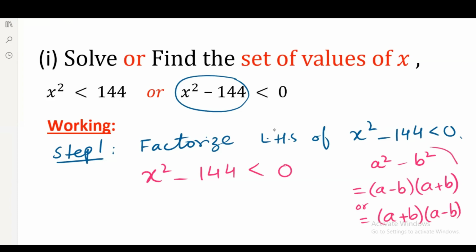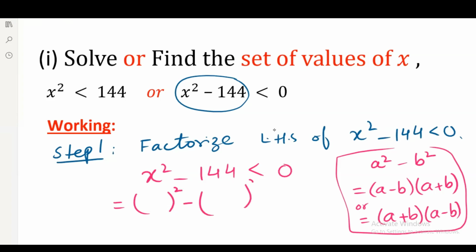Now, recall this inequality. With reference to this inequality, x squared is a perfect square and 144 is also a perfect square number here.